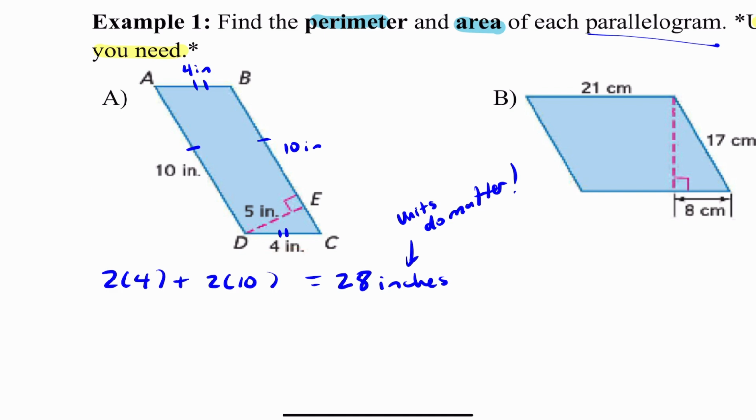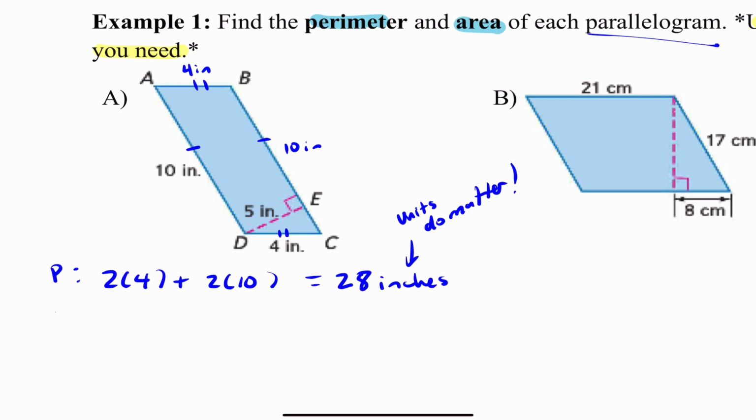You're taking a one-dimensional object and adding another one-dimensional object. So therefore, your unit should be the same. There should not be any exponents when you are writing your units. So it's just plain old 28 inches. So that's the perimeter, by the way.